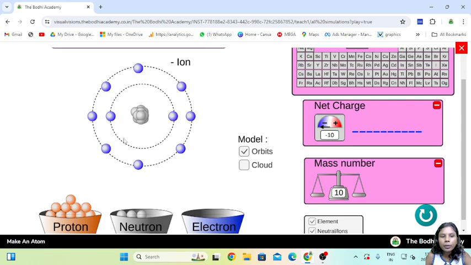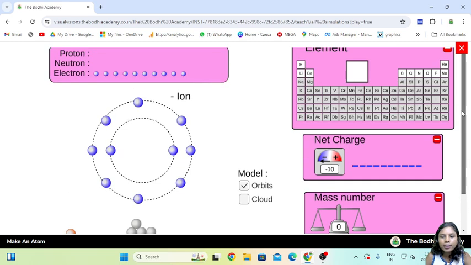So it has 10 protons. If it has 10 protons, neutrons will be around 11, but counting 1 through 10, it has 10 neutrons. And lastly, we'll look at the electron count: 1 through 10, so it has 10 electrons. So that was about the noble gases, that is neon.